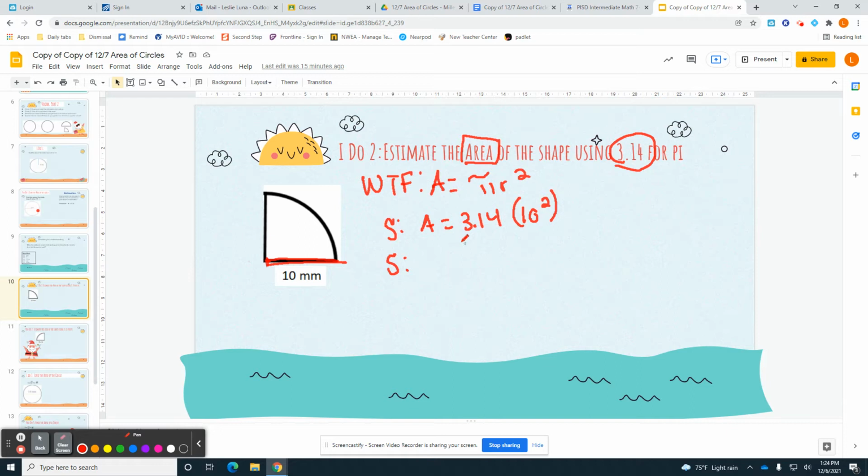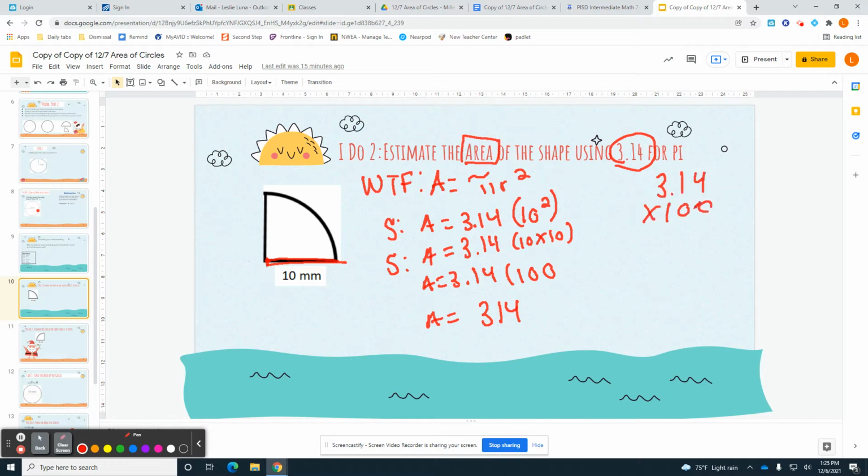So we have 3.14 times 10 squared, which is 10 times 10, and that is 3.14 times 100 equals 314. And how did I know that so quick? When you're multiplying by 100, I know that I just move my decimal 2 spaces because my number is getting bigger.